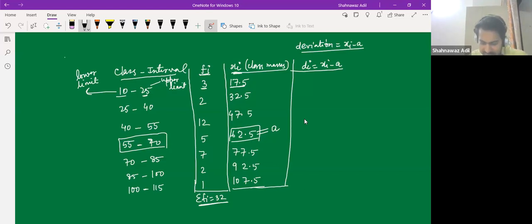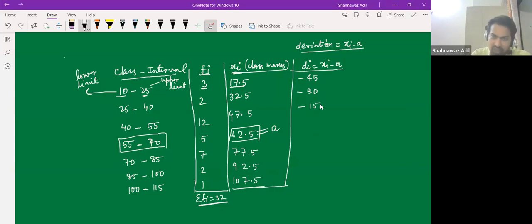In school, you have to calculate this by yourself. So 17.5 minus 62.5 is minus 45. Then 32.5 minus 62.5 is minus 30. Then 47.5 minus 62.5 is minus 15.